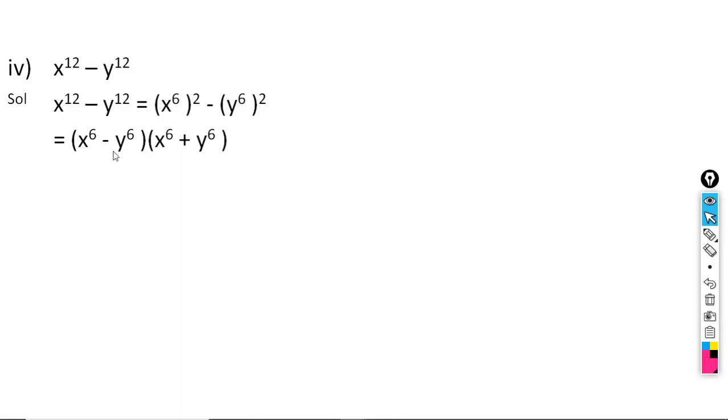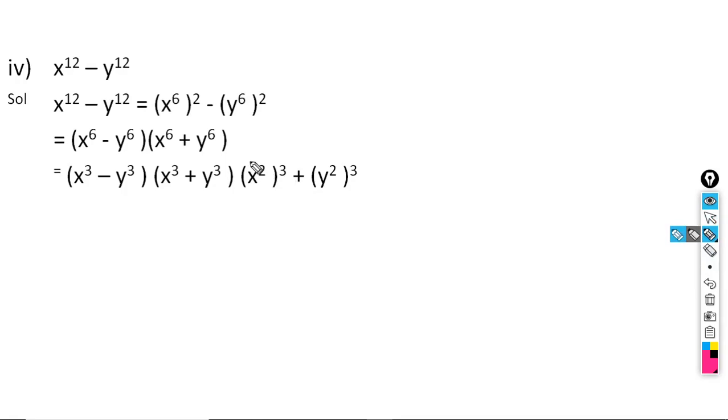For x6 minus y6, we will use identity a square minus b square. We get x cube minus y cube and x cube plus y cube. This x6 plus y6 will be written as x square whole cube plus y square whole cube, as we have discussed in the previous case.